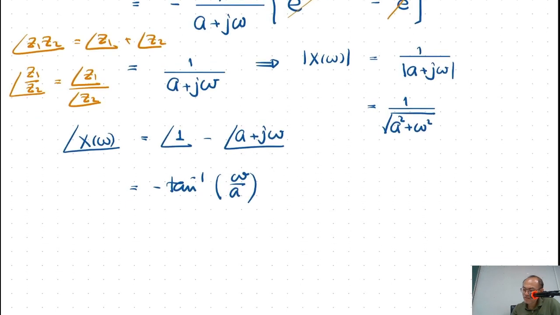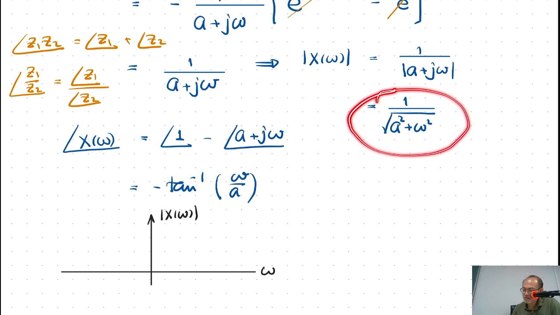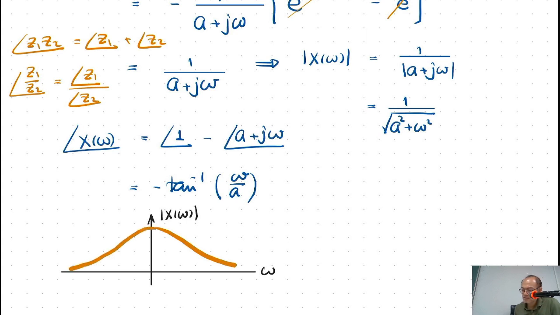So let's try to plot this. The left graph would be the magnitude of the spectrum. So we want to plot this guy on the left graph. And if you try to plot it, you have this graph here, and this is 1 over a.